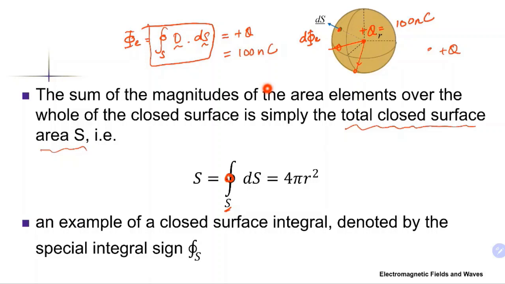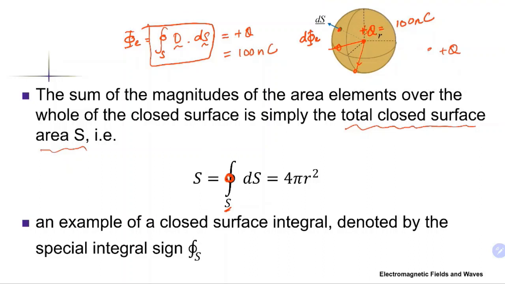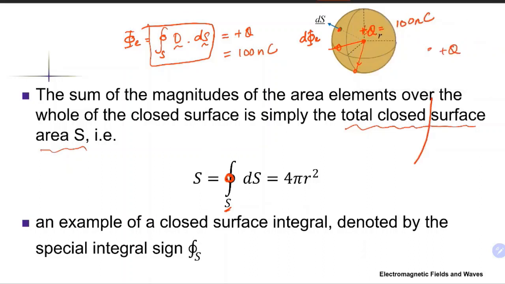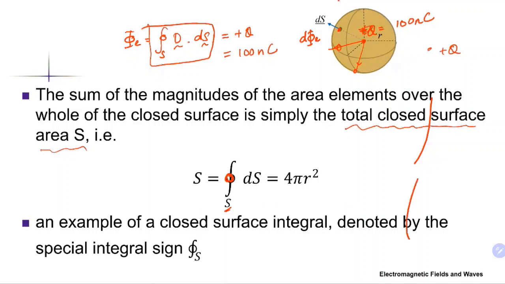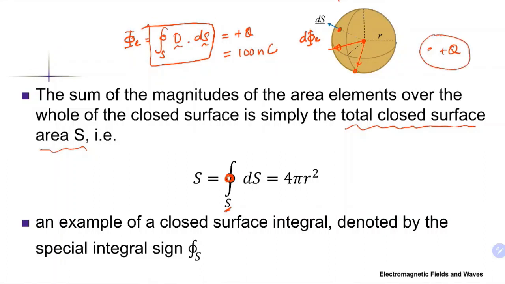So this is my closed surface. If my charge is outside here, then my charge is not enclosed in the closed surface.